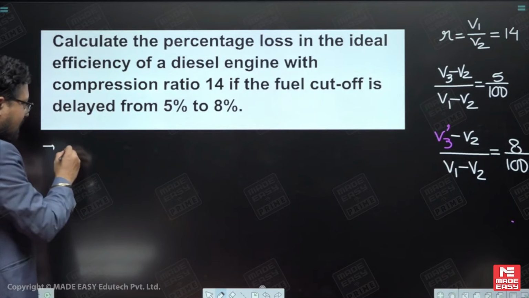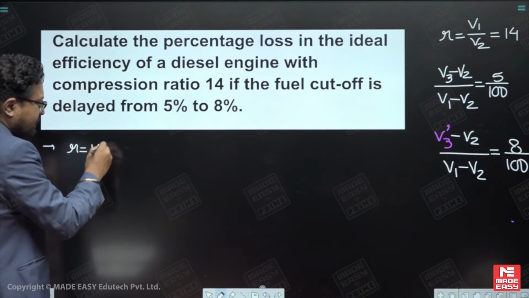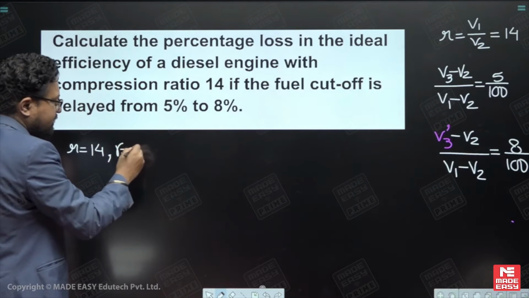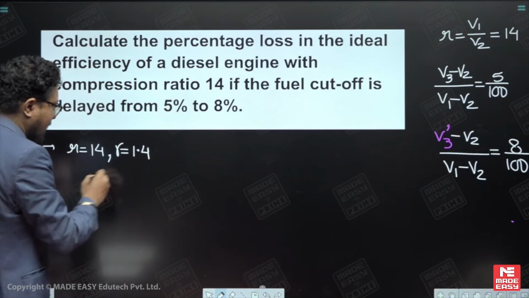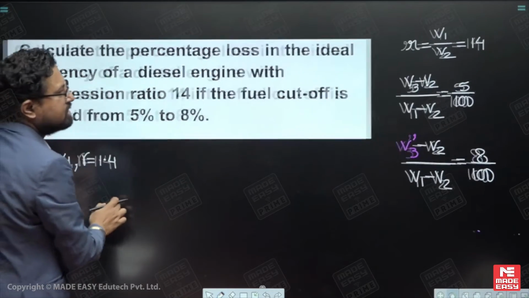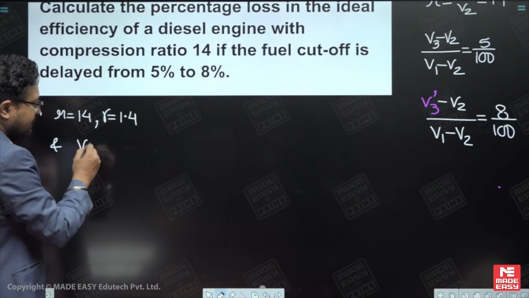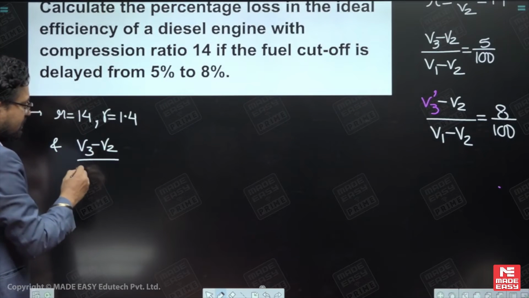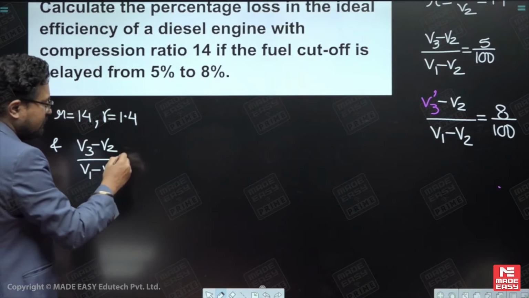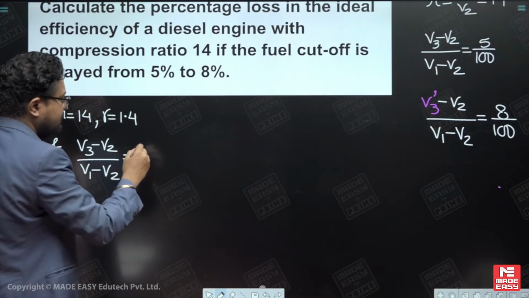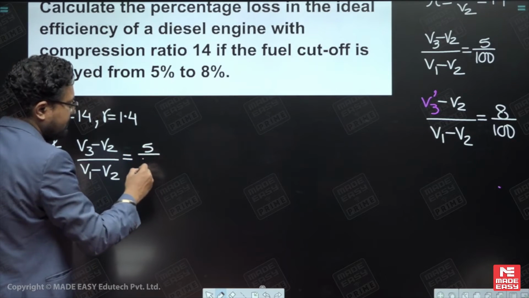So we have R equals 14, and gamma equals 1.4. And we know, this is the given data, (V3 minus V2) upon (V1 minus V2) is equal to 5 upon 100.